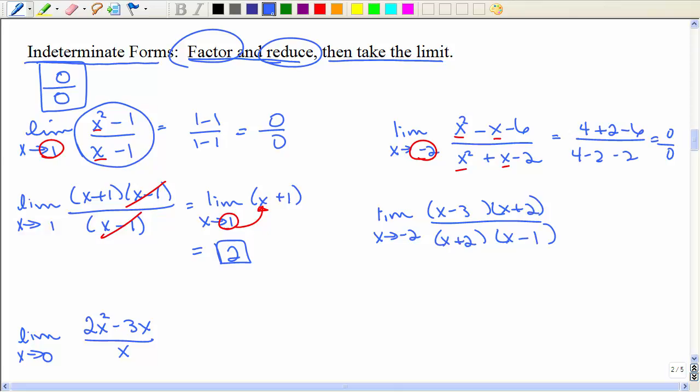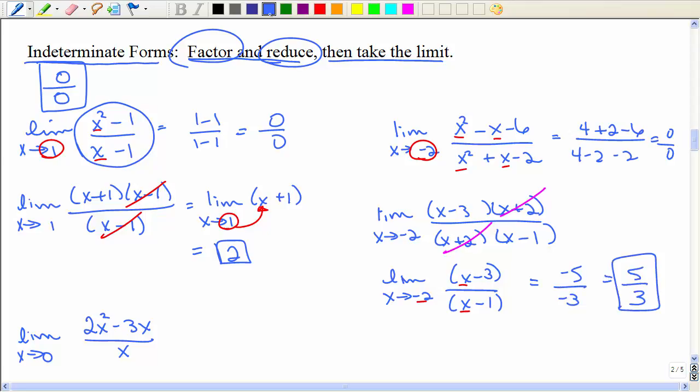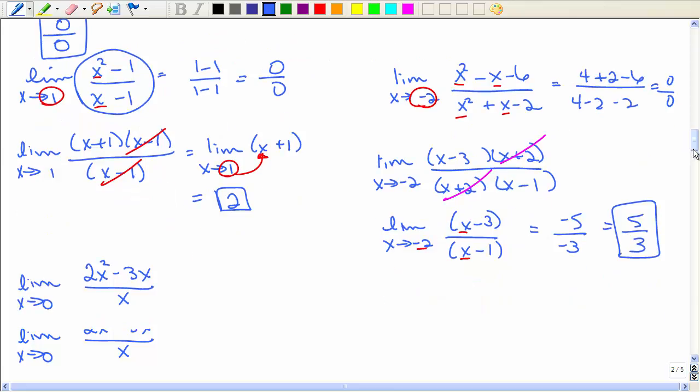Going to check my signs. Everything checks out, and those reduce out. So I have the limit as x approaches negative 2 of what I've got left. And now I'm going to plug in negative 2 everywhere I see an x, and I get negative 5 over negative 3, which would be positive 5/3, and that's my limit.